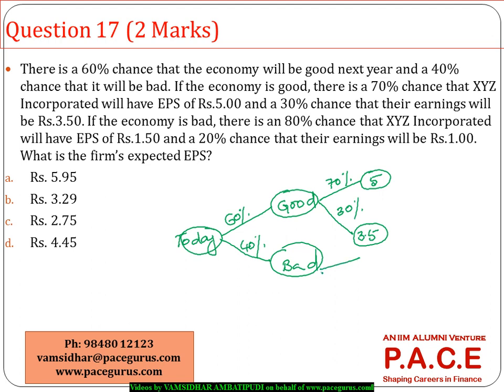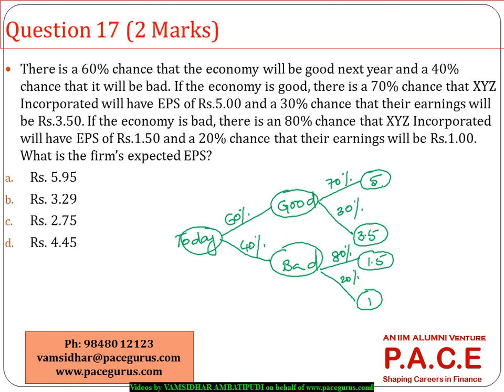If the economy is bad, there is an 80% chance of having 1.5 and 20% chance of having 1. Now the question is, what is the firm's expected EPS?